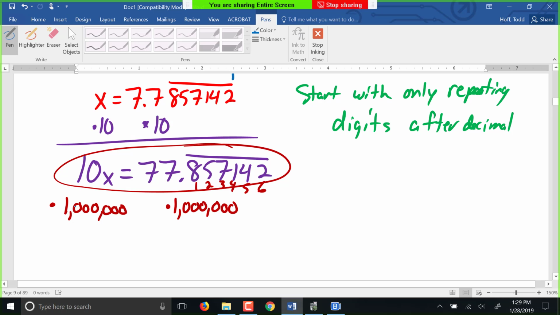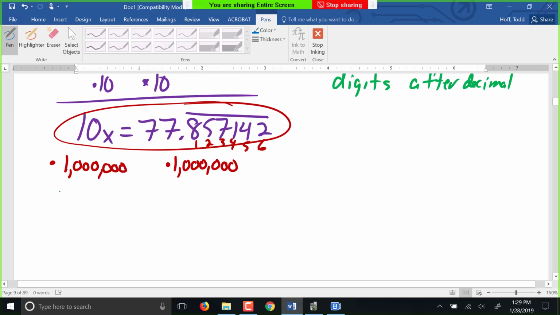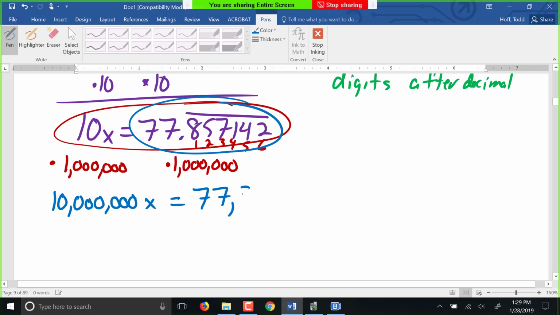So 10x times a million is 10 million x. On the right side, multiplying by a million just moves that decimal point over 6 spots. Those same 6 digits still repeat after the decimal point.